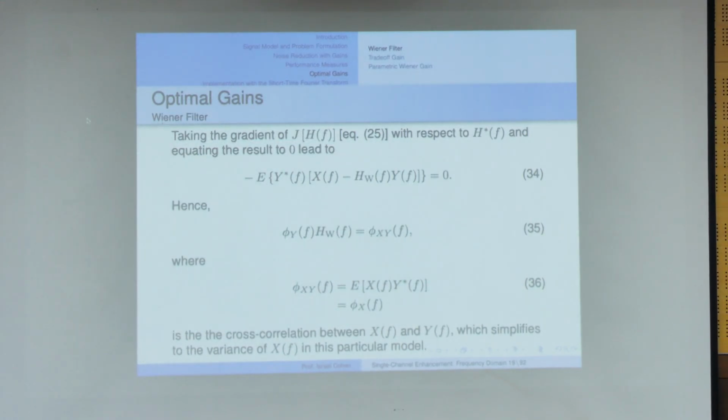Okay. Any questions? So we defined performance measures. Now we can find the optimal gains. So the optimal gains, the Wiener filter, we just worked on that. We can find it also from here, which is the derivative using the expectation.